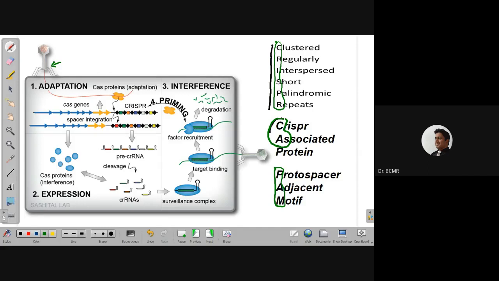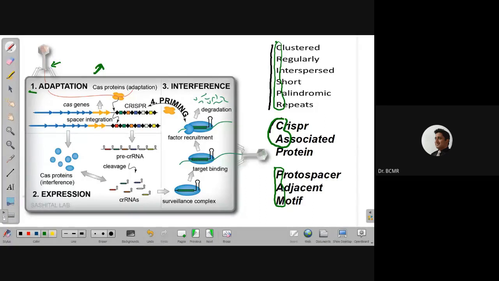Bacteriophages infect, they lyse the cell, and they go away. That means the bacteria will be killed. So their CRISPR system provides immunity. That means they remember which kind of phage is infecting, and then they provide a specific response to that particular phage type. So it can be divided into 4 steps.